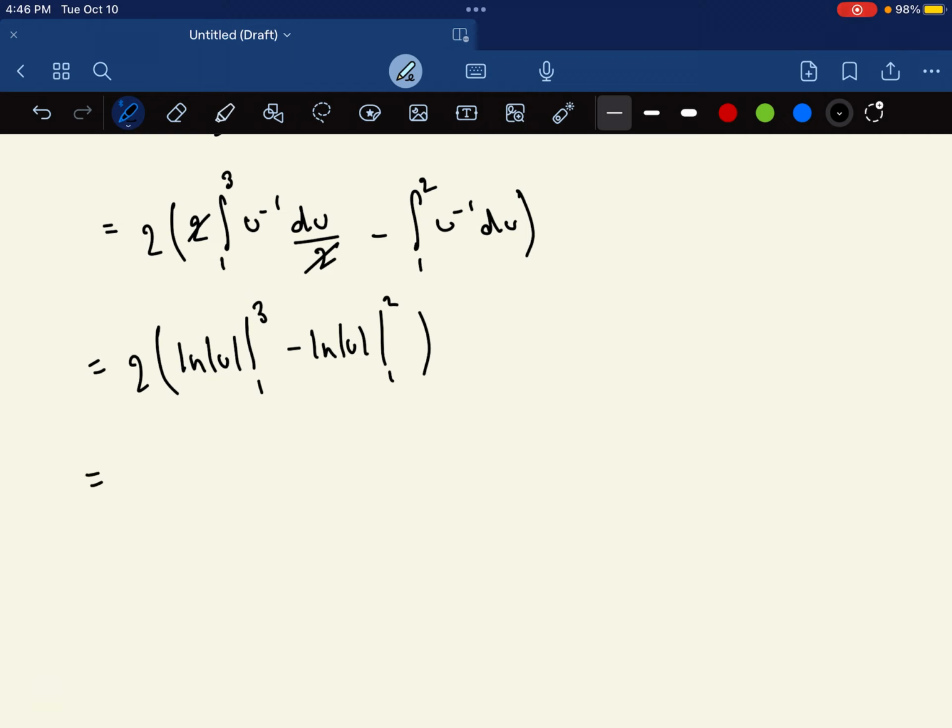Now this is equal to 2 times (ln of 3 minus ln of 1, which is 0), minus, don't forget the parentheses, (ln of 2 minus ln of 1, which is again 0). We don't need the absolute values anymore because we're plugging in positive values.